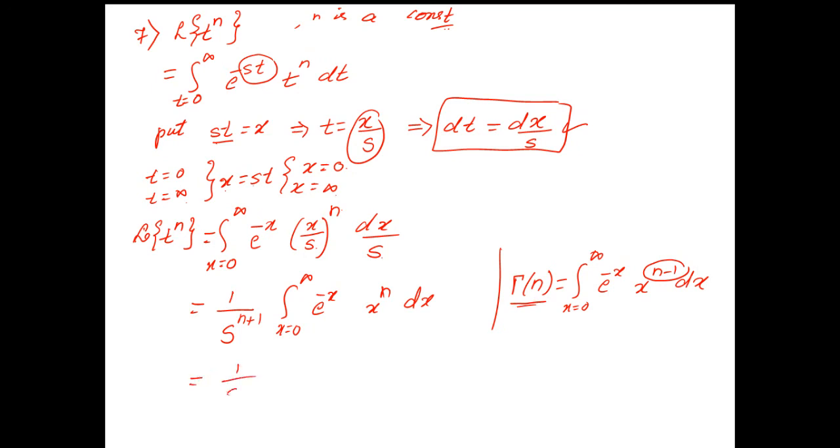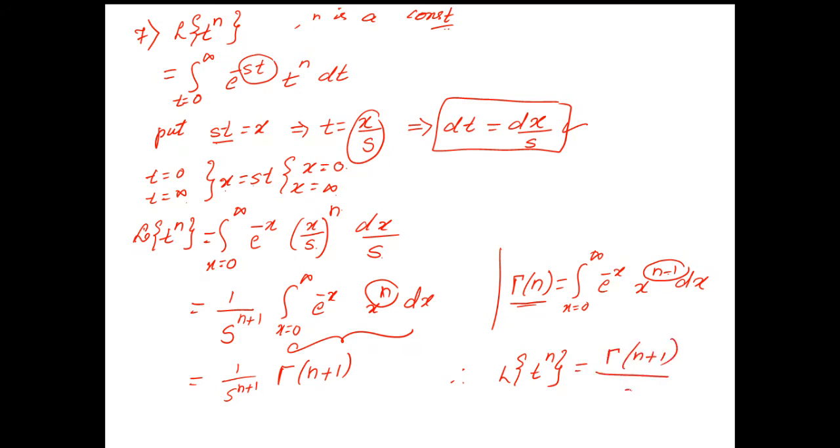So 1 divided by s power n plus 1 times this function, where instead of n minus 1 we have n, so it is gamma of n plus 1 term. Therefore, Laplace transform of t to the power any constant n is equal to gamma of n plus 1 divided by s to the power n plus 1.